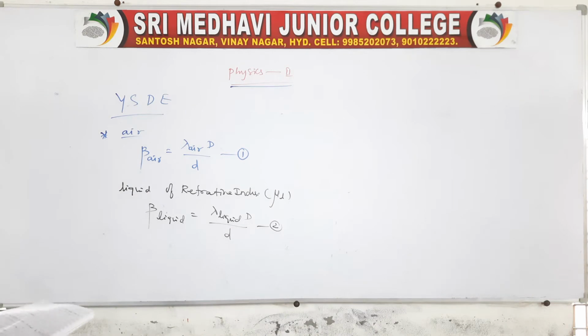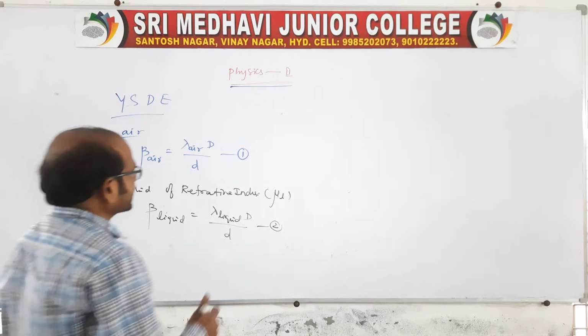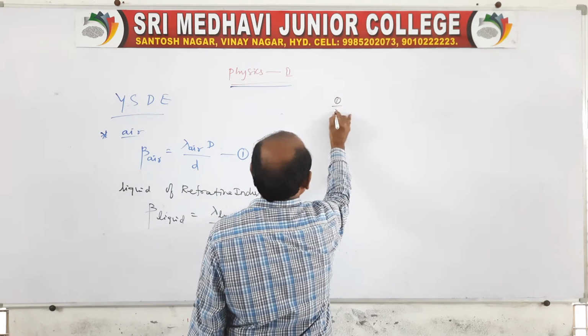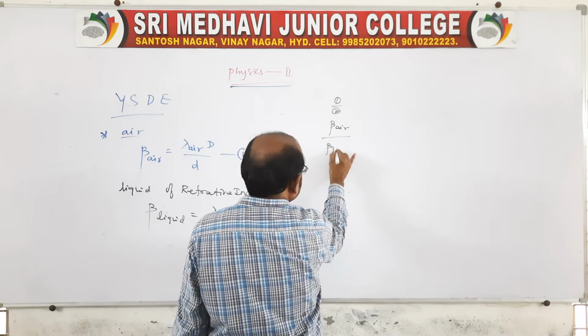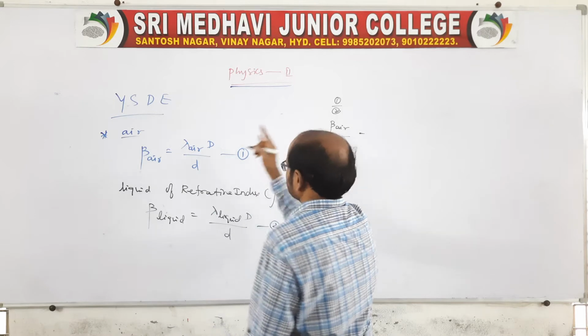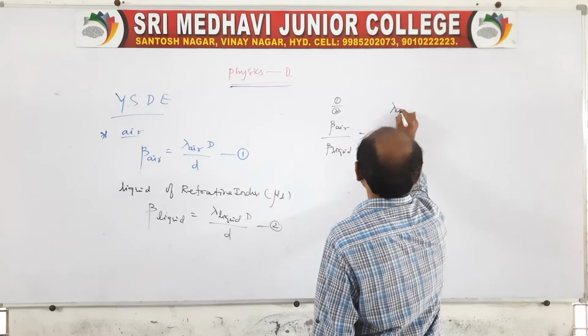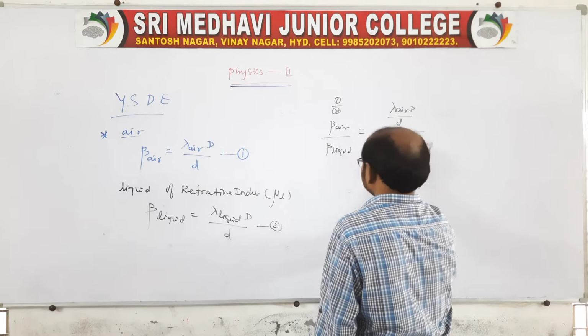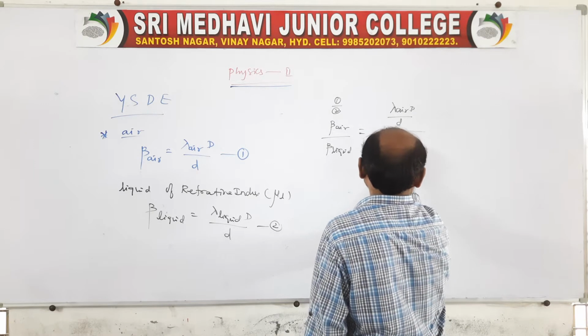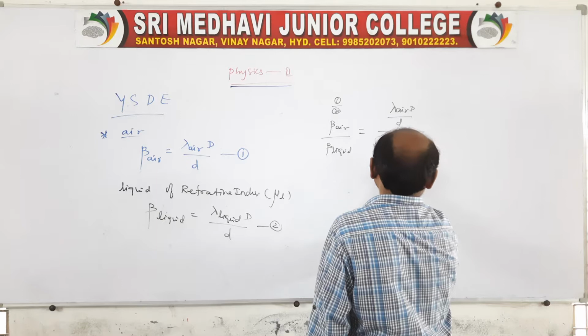Now take the ratio between these two, 1 divided by 2. Beta air by beta liquid is equal to lambda air capital D by small d divided by lambda liquid capital D by small d.